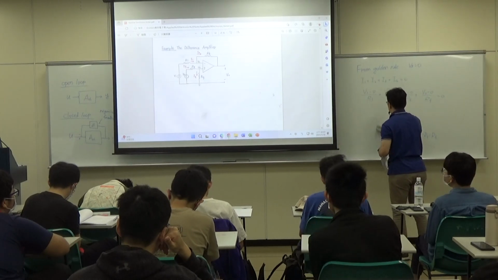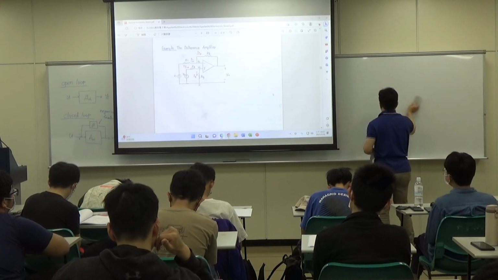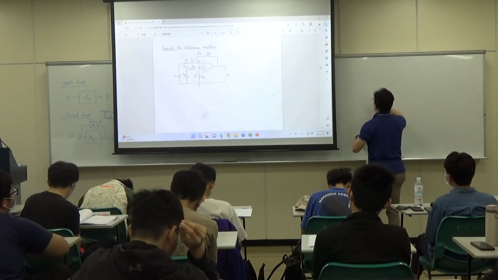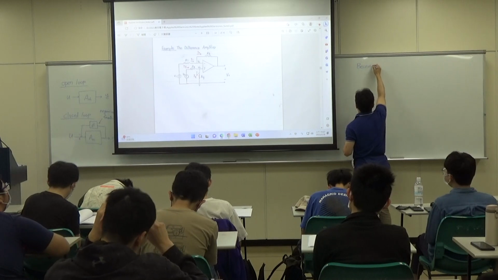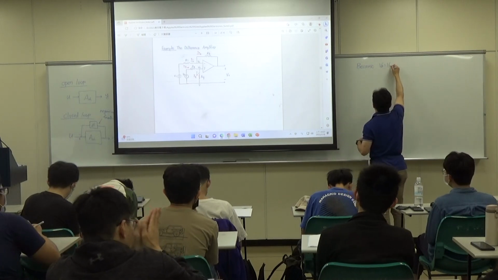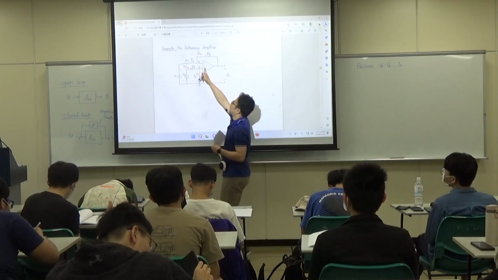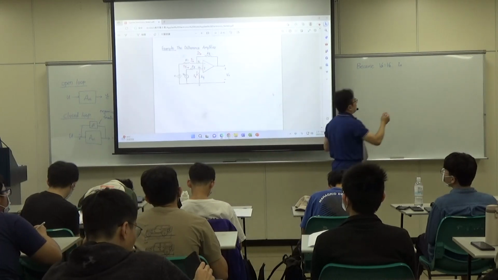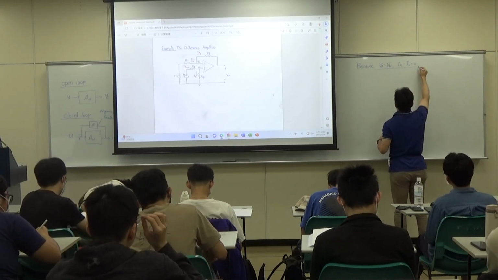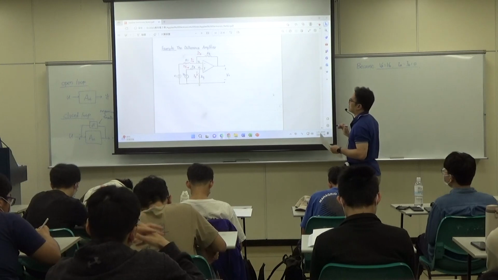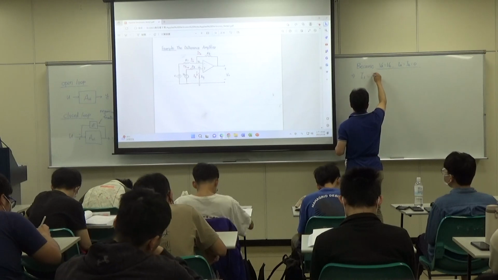From the golden rule, VA equals VB, and IA, the current flowing into this op-amp, equals IB equals 0. And we have I1 equals I2.